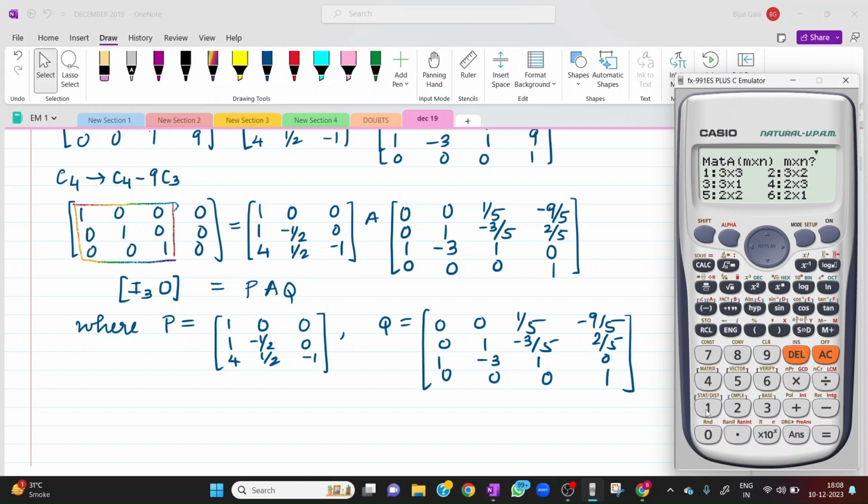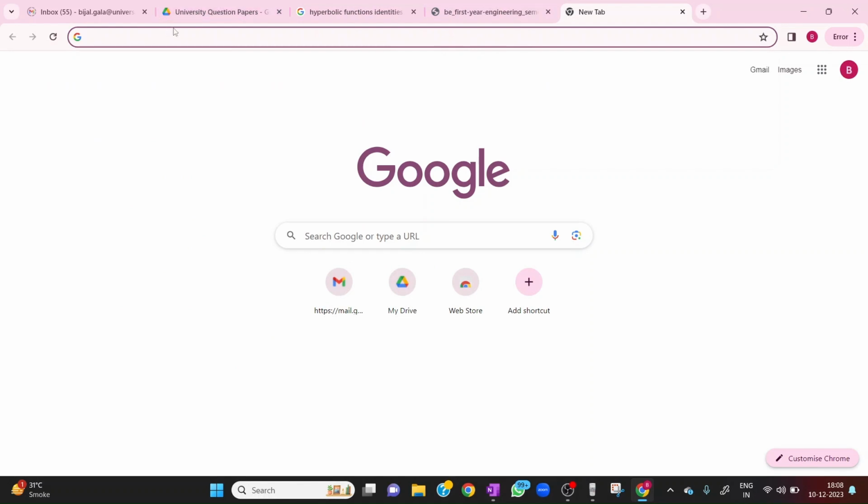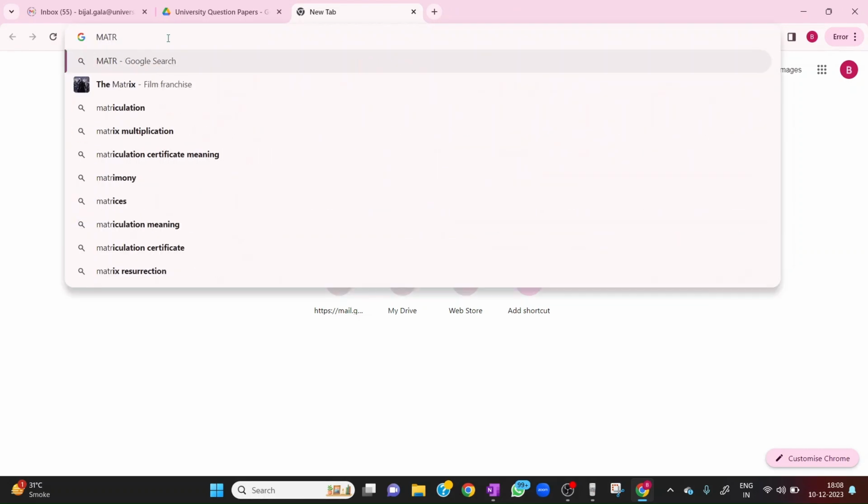Now the limitation of my matrix is I cannot go beyond 3 cross 3. So if you have a calculator which can multiply 4 cross 4 also, you can multiply these matrices. I'll try it online because my matrices are not getting in.